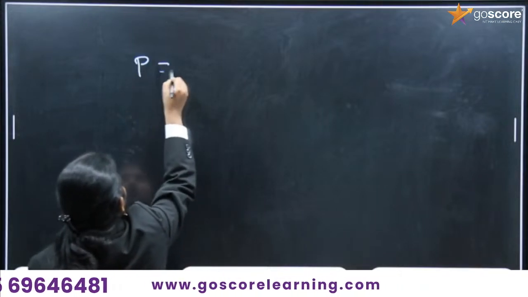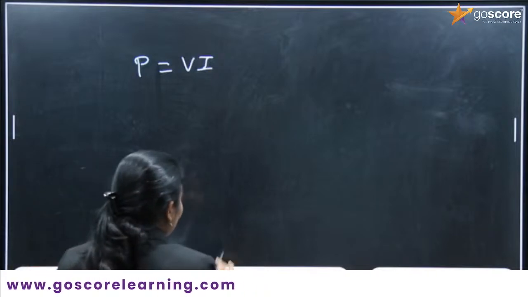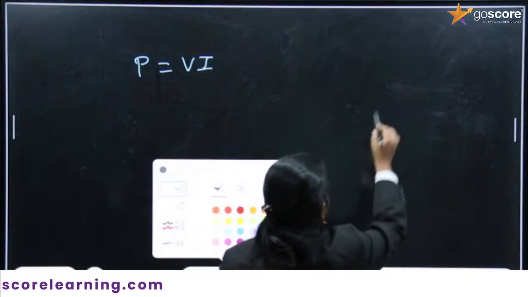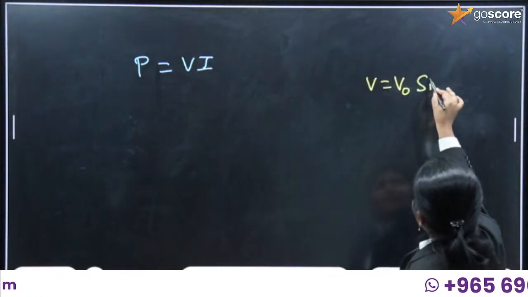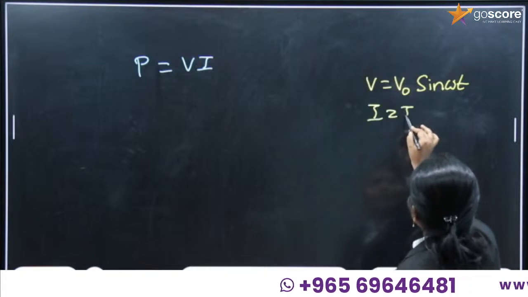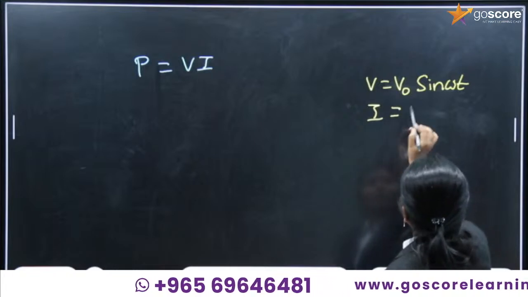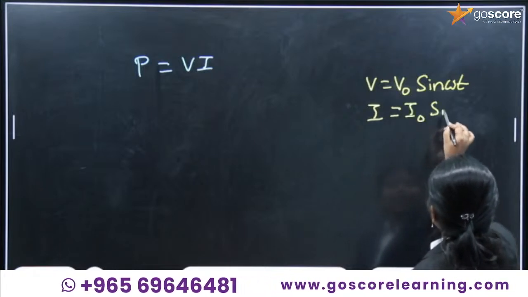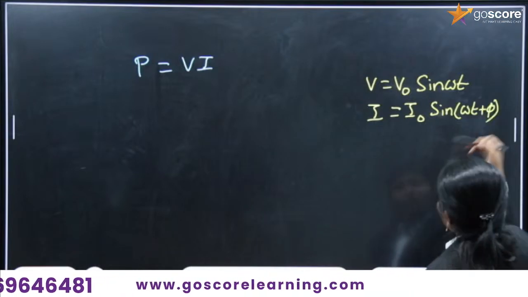P is equal to V into I. We know that V is equal to V naught sine omega t, and I is equal to I naught sine omega t plus phi.